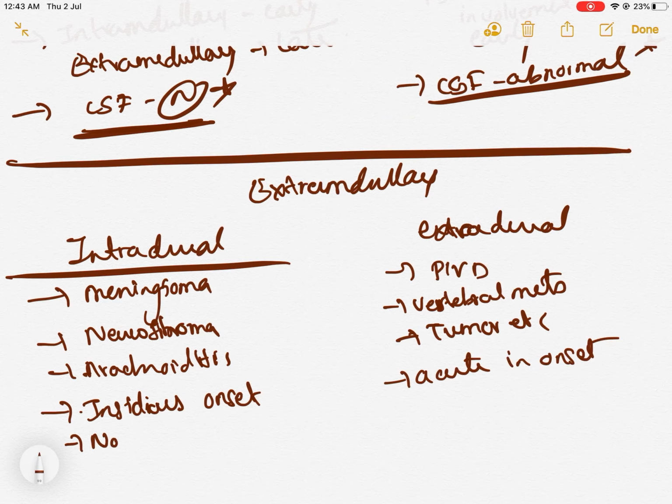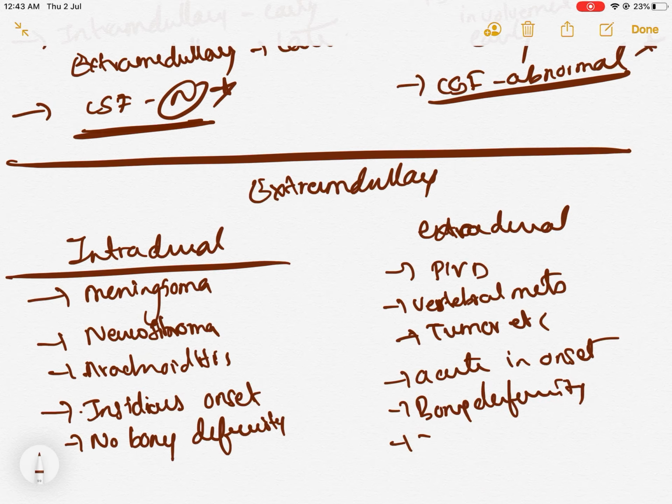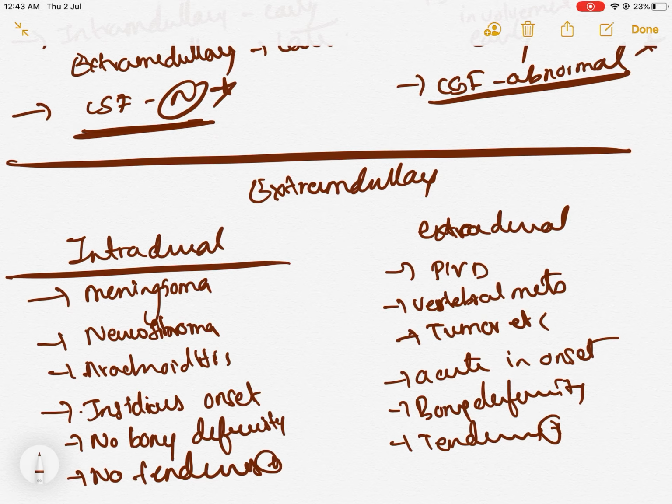Okay, no bony deformity in intradural, whereas there is bony deformity in extradural. Tenderness present in extradural, no tenderness in intradural. So these are the differences between intradural and extradural.